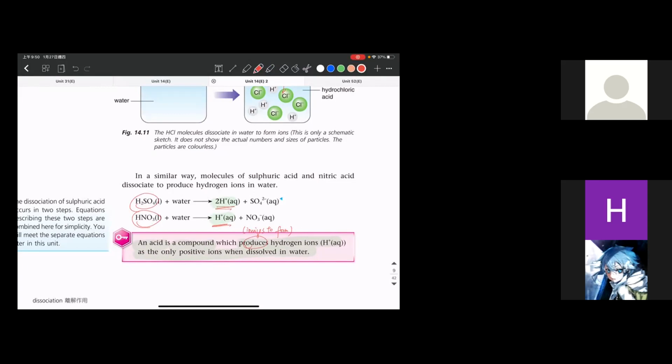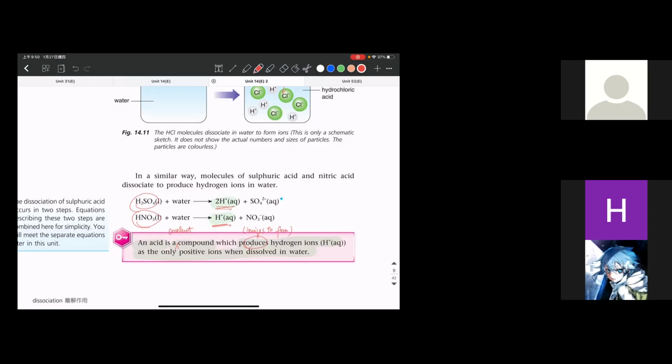While the acid itself is a covalent compound, because whatever combination of the acid it is, they are all covalent compounds. HCl, HNO3, H2SO4, even though you talk about organic acid. For example, in vinegar, we have got ethanoic acid, CH3COOH, etc. All those you may find is just a molecular form.